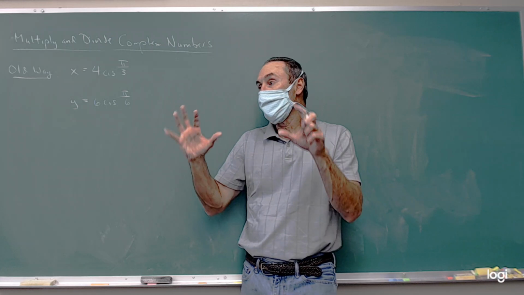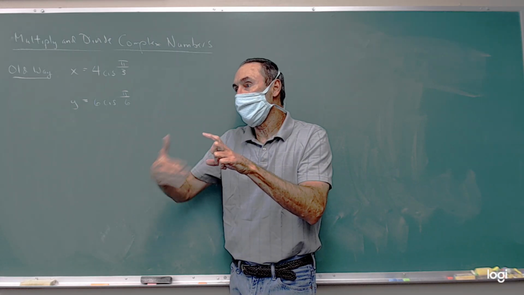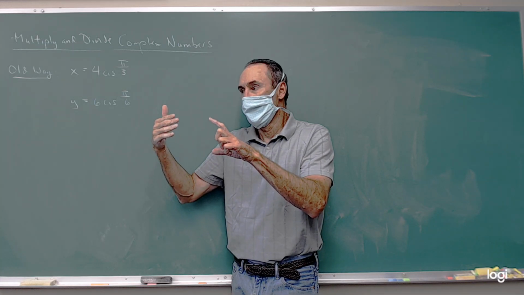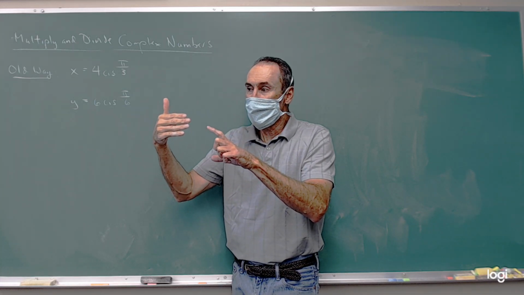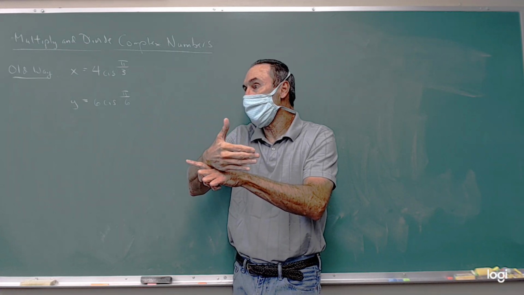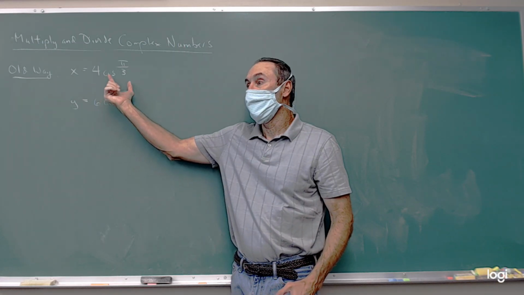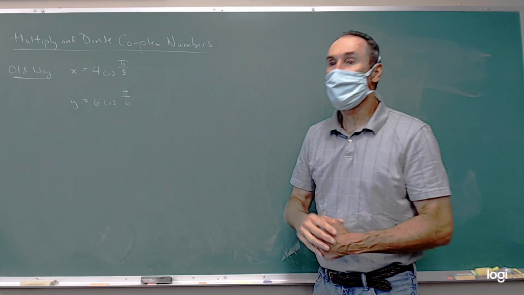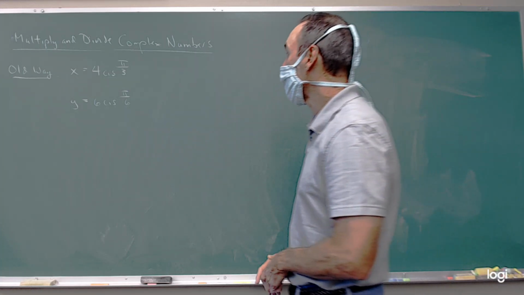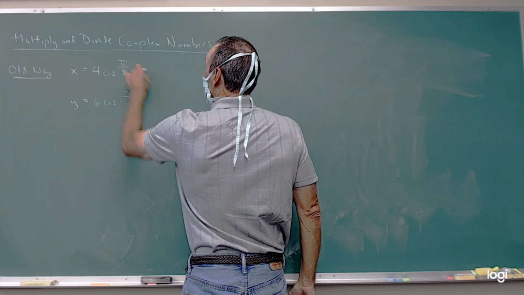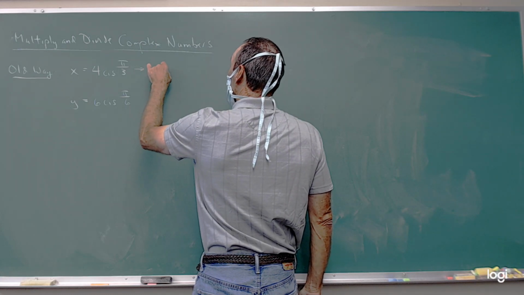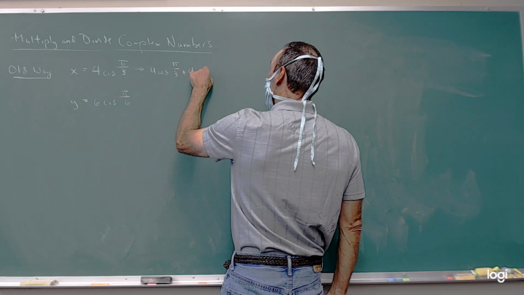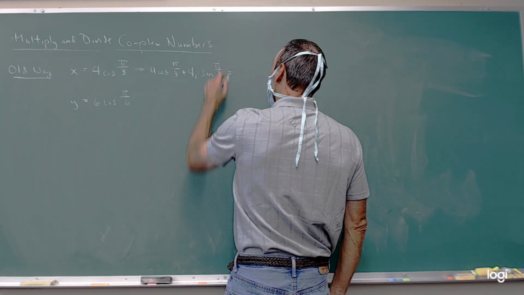Then we'll talk about how to convert from the rectangular answer back to polar form, and then look at the polar versions we started with and our answer and see if we can make a hypothesis. So we're going to call that 4 cosine pi over 3 plus 4i sine pi over 3.